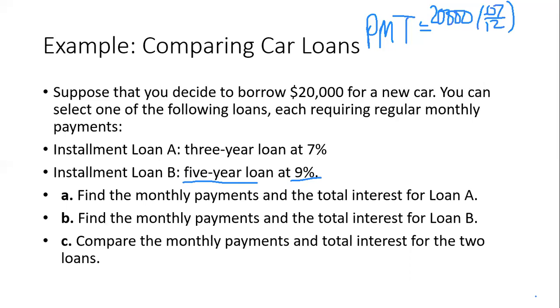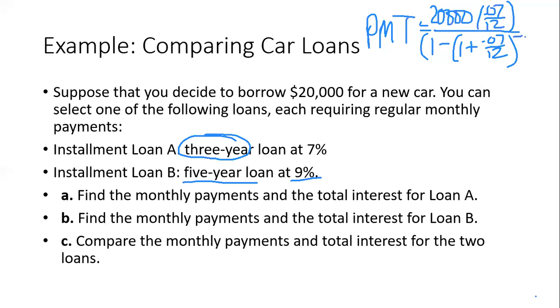And then over bracket 1 minus parentheses 1 plus that R over N raised to the negative N times T. So N was 12, and T for this one is 3.